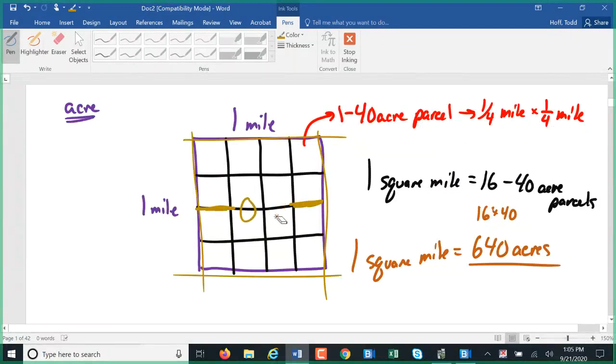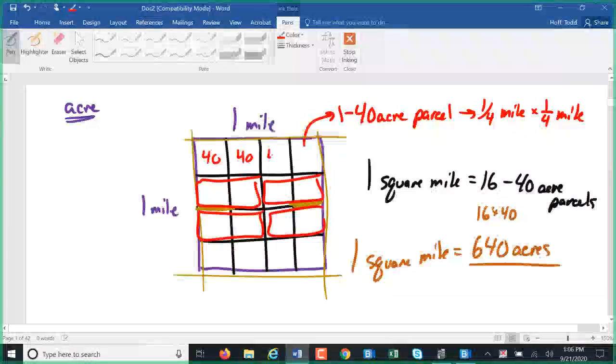Other places, rather than doing 40s, two of the side pieces were combined with inner pieces on opposite sides like this. So they had 4 40s along one edge, 4 40s along the opposite edge, and then in the middle, these were 80s.